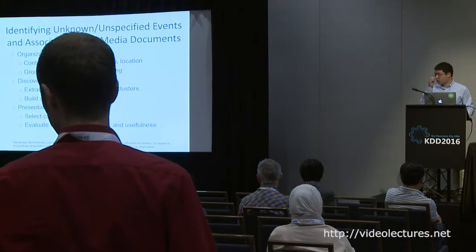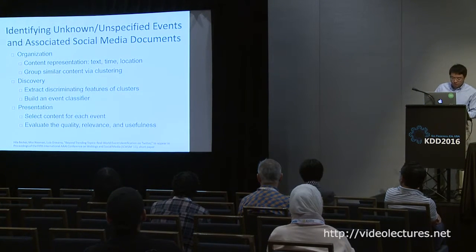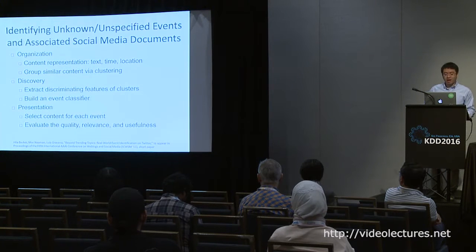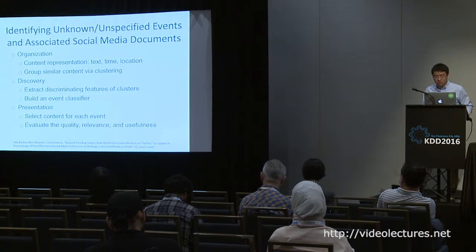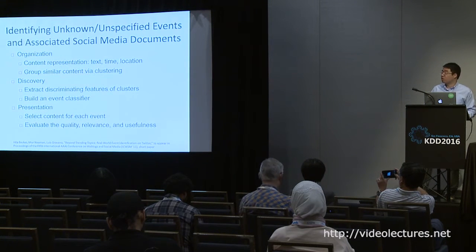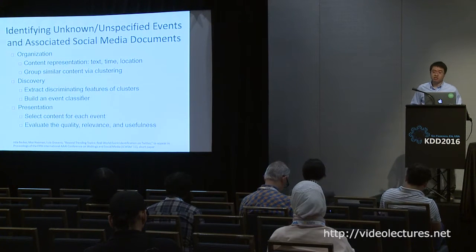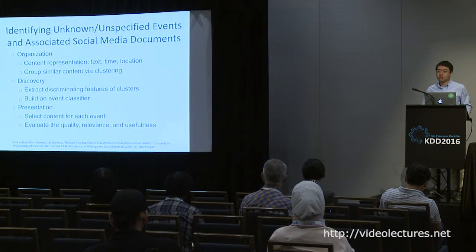One particular work I want to mention here, a very classical work, is by Hila Becker, Naaman, and Luis Gravano, published in ICWSM in 2011, on identifying unknown, unspecified events and their associated social media documents, essentially tweets. It involves three steps, and I would say that the majority of existing event detection algorithms have these three steps.